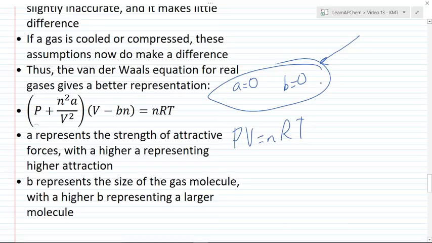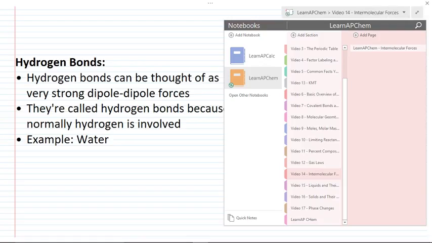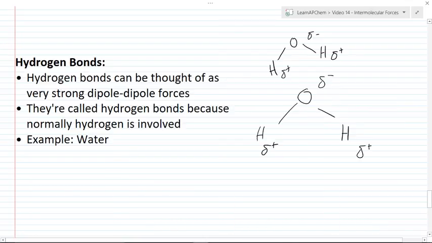Alright, and so you also asked about what has hydrogen bonding. And the simple answer is that if you have a covalent compound that has something bonding to hydrogen, you can pretty much bet that it has hydrogen bonding.